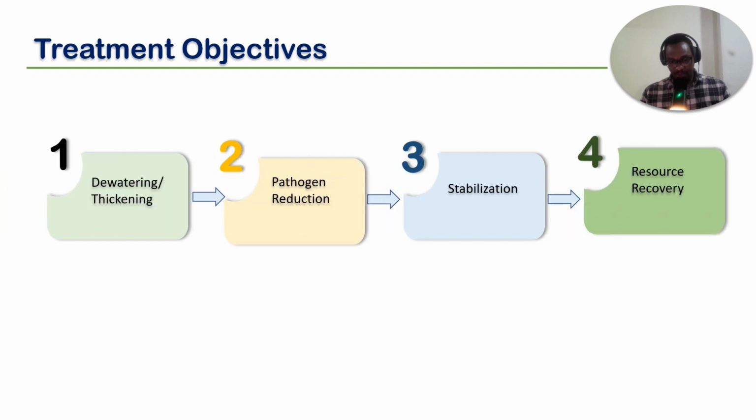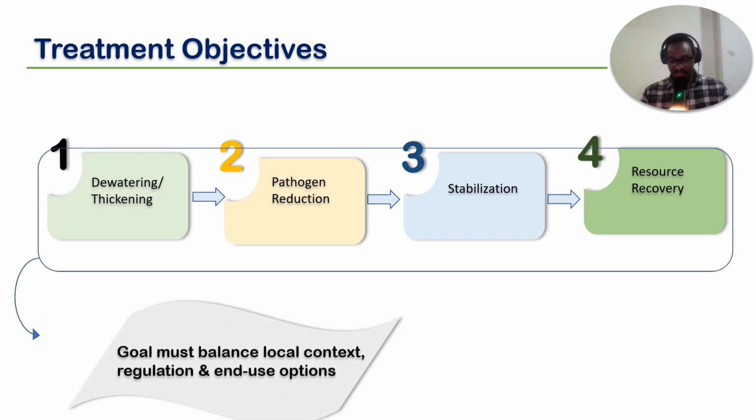Then the fourth has to do with resource recovery. And here, as earlier mentioned, we look at recovering a portion of the solids, the nutrients that may have been treated or reduced from the process and then transferred into either landfill, into the farms, or even used as a source of energy. The best example is biogas. That's one of the channels of resource recovery.